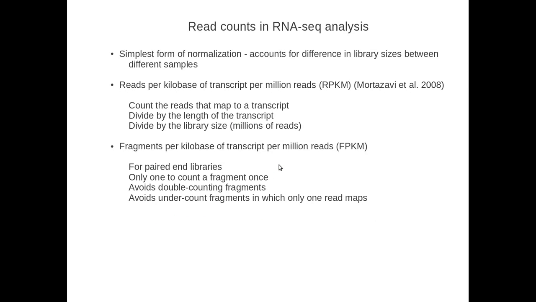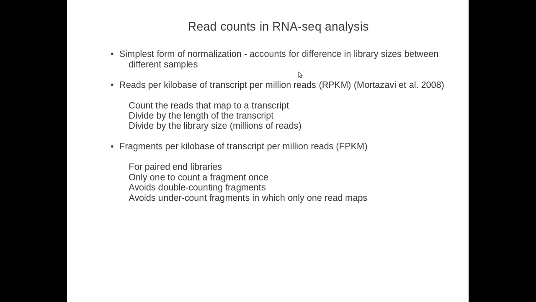So as part of an introductory analysis lecture to RNA-seq, I need to make sure that we at least understand the need for normalization. We can't just count up the number of reads in RNA-seq analysis by itself and not normalize.